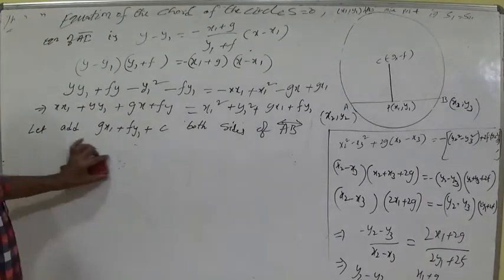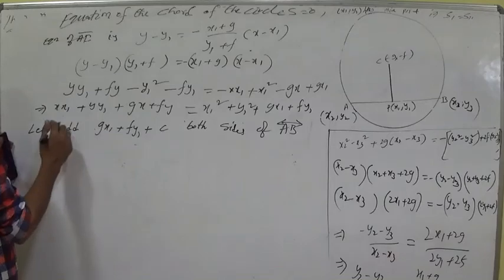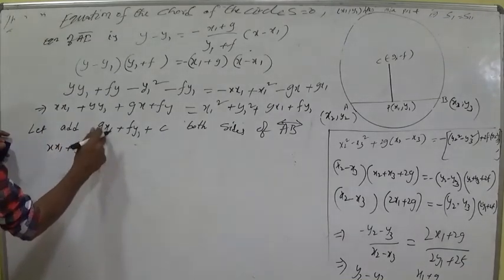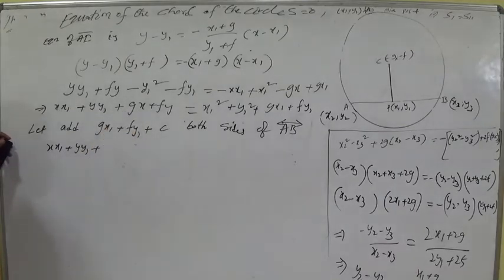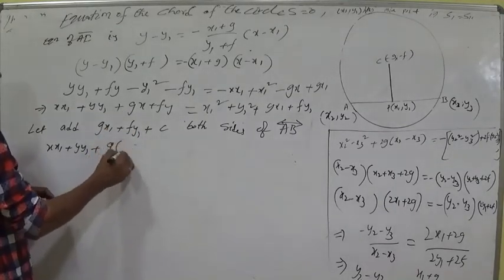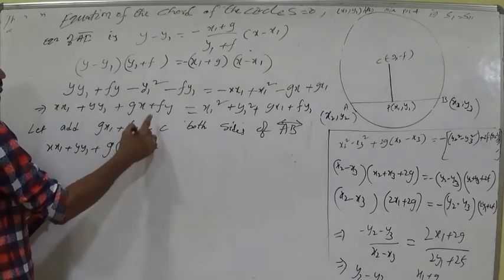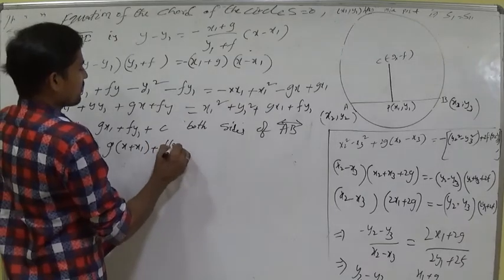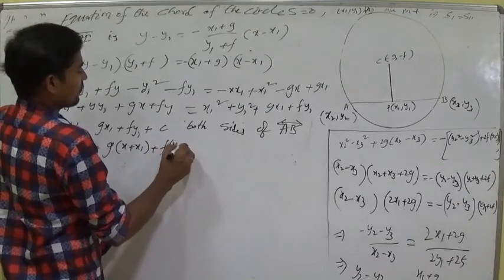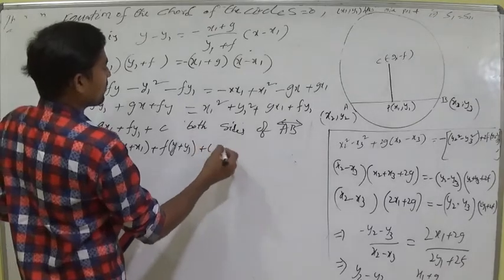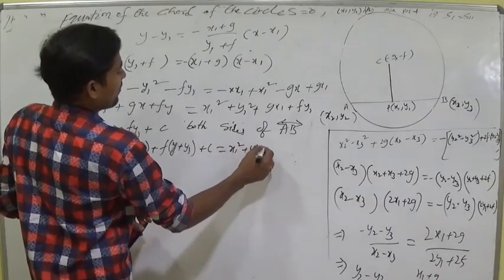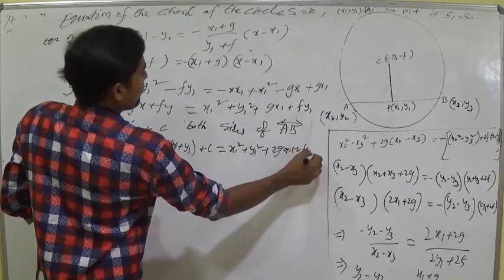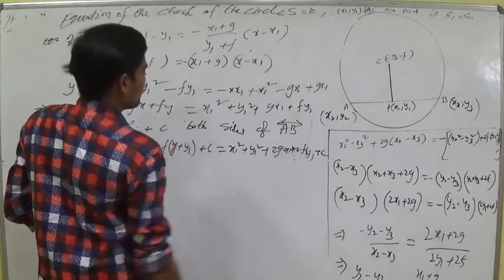Then this is AB, xx1 plus yy1 plus gx1 is added here, which becomes g into x plus x1, plus fy1 also added, which becomes f into y plus y1, right, plus c equal to x1 square plus y1 square plus 2gx1 plus 2fy1 plus c.